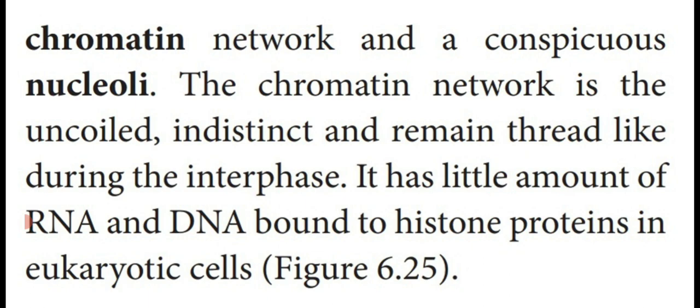So this chromatin reticulum contains a little amount of RNA and DNA bound to histone proteins in eukaryotic cells. Eukaryotic cell means advanced cell. These histone proteins are only present in the eukaryotic cell.